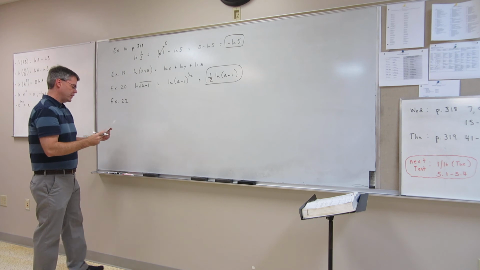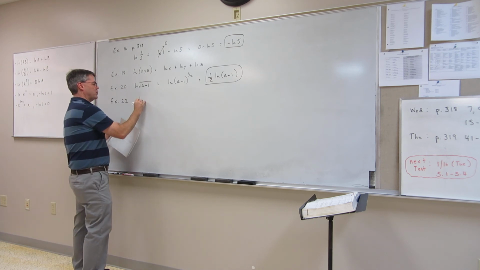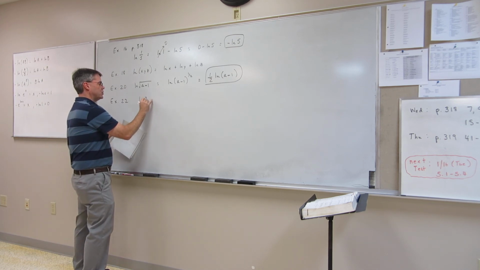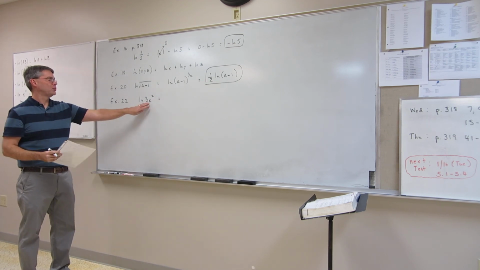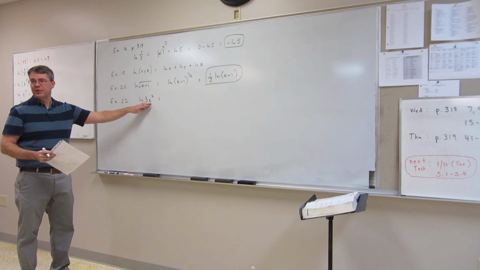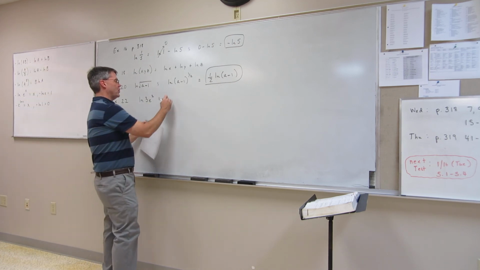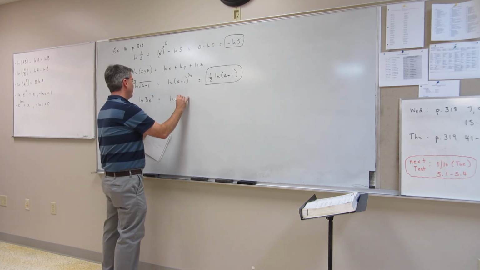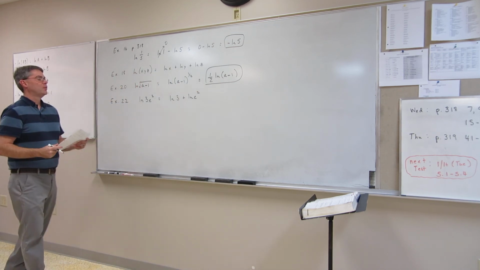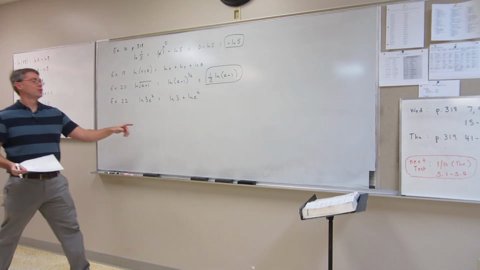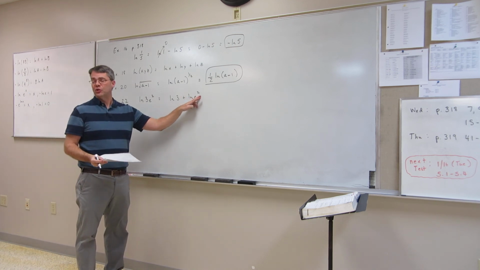All right, number 22, we have the natural log of 3e squared. Well, this is multiplication, so I can split them up into 2. So I'd have the natural log of 3 plus the natural log of e squared. But I can also do something else with the natural log of e squared.